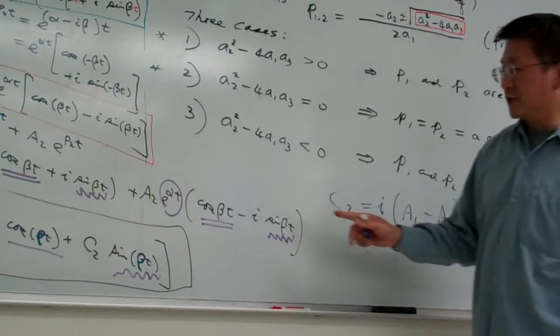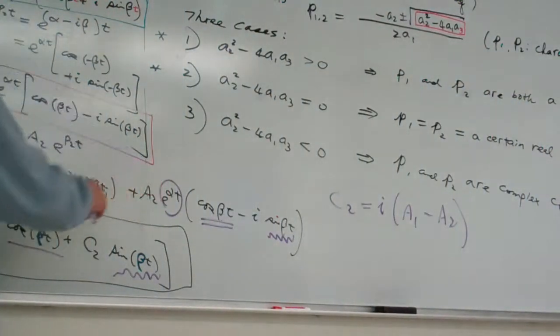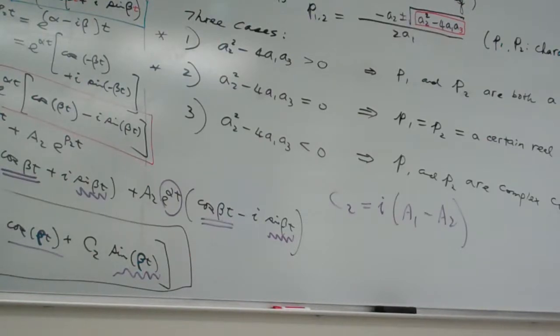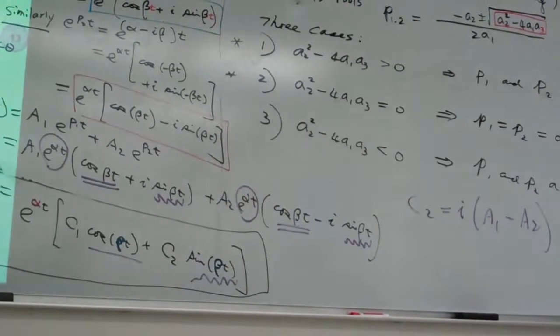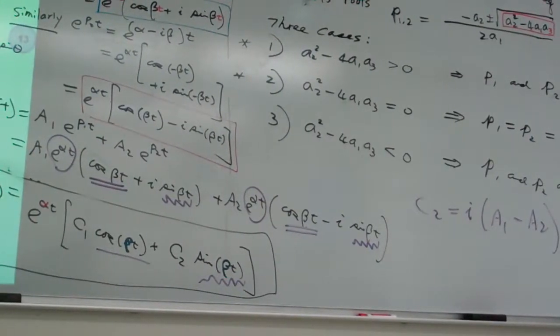So from this kind of derivation, I think the question is good, you can tell the contents of C1 and C2 as a function of A1, A2. But we really don't care, because eventually we're going to introduce initial conditions to solve for C1 and C2. So at this moment, how A1, A2 relate to C1, C2 is not really critical here.